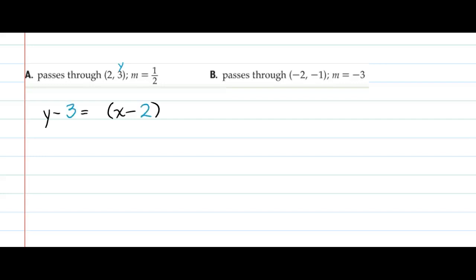This is the x value, it goes on the end, and the slope is in the middle. If I wanted to go to slope-intercept form, I need to distribute. And I also need to get y by itself. I need to isolate y.